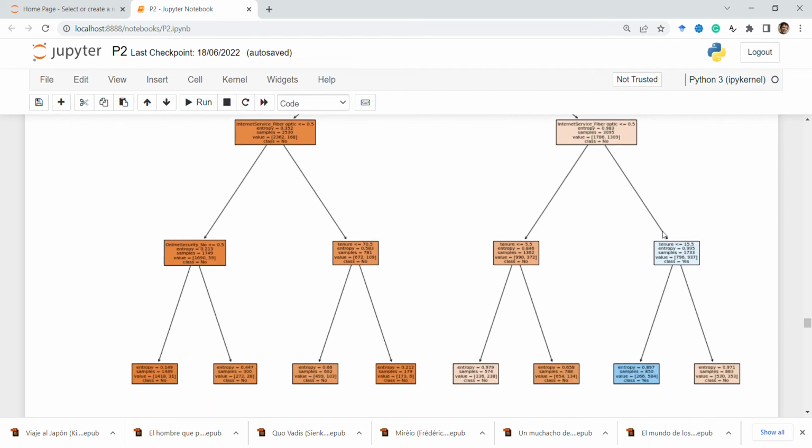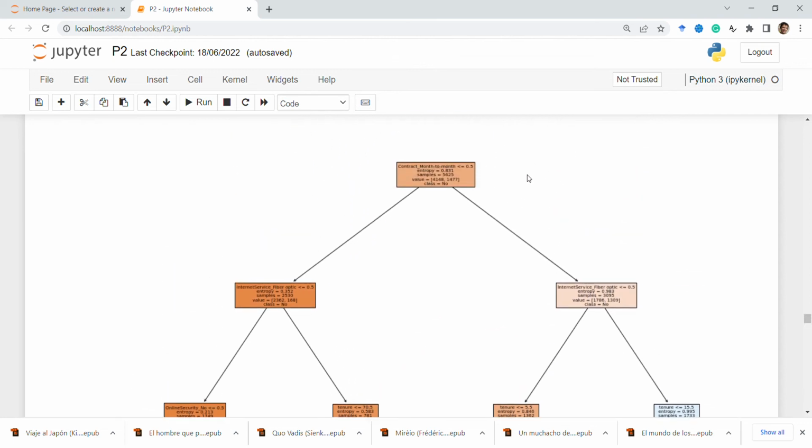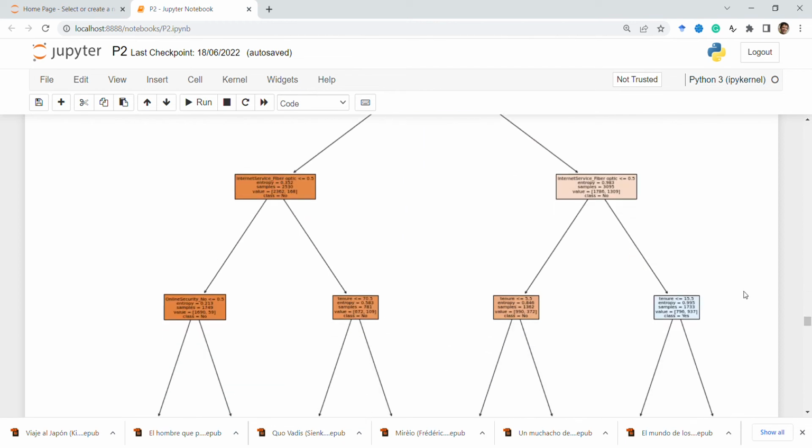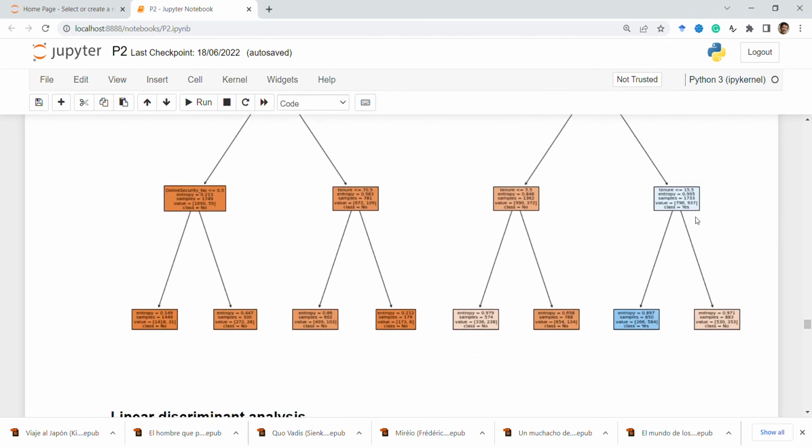So let's follow this path, because there is a yes here. So you don't have the month-to-month contract, you don't have fiber optic, and then at this point we wonder whether you have been less than 16 months in the company. And those people here, the majority have the class yes.